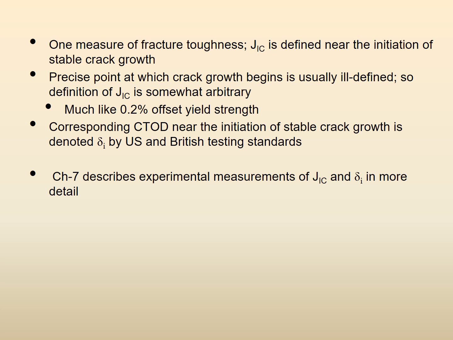But once you want to find the plane strain fracture toughness, then it is J1C, the critical value, and delta I, the critical value of delta. So again, you do the standard fracture toughness test by measuring either delta or J1 and going to the critical value.